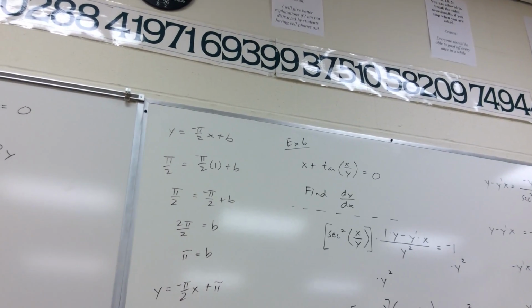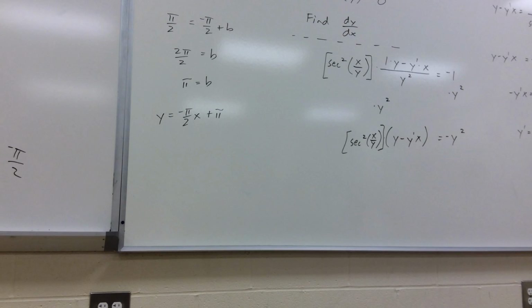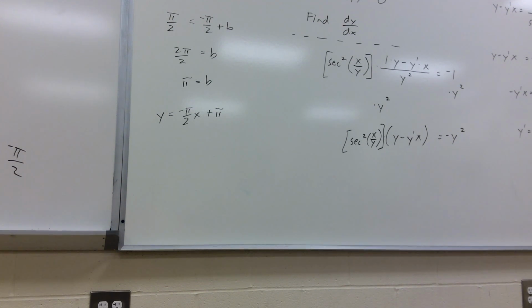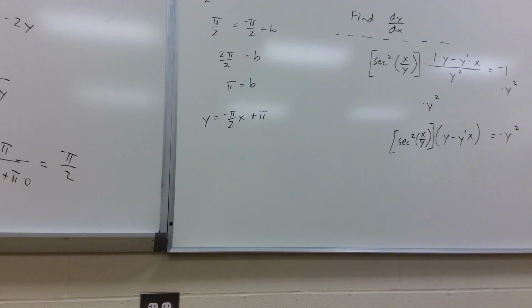So now we're going to move on to 3.7b. So we're going to go back to a circle equation.